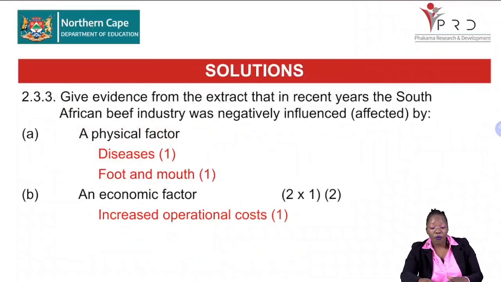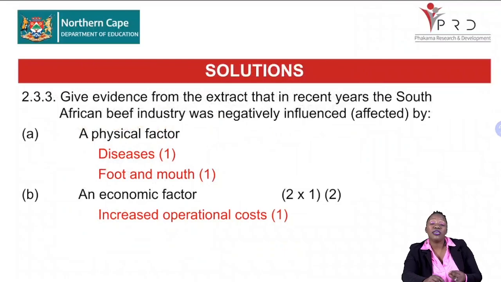Then looking at our third question, you have your A as well as your B. It says give evidence from the extract. Again, not the one that you are thinking of yourself, but you need to choose from the extract, that in recent years the South African beef industry was negatively affected by physical factors.